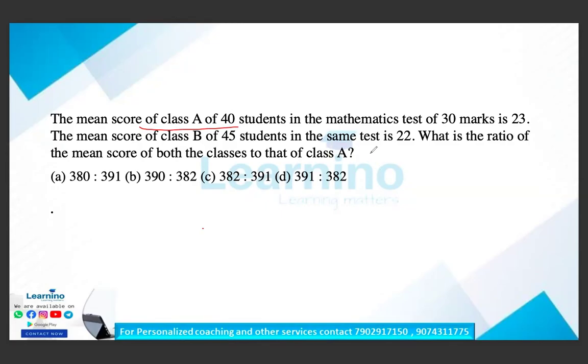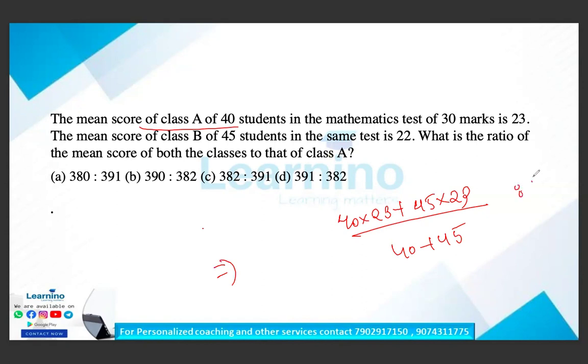So the ratio of the mean score of both the classes to that of class A is 40 into 23 plus 45 into 22, divided by 40 plus 45, is to 23.